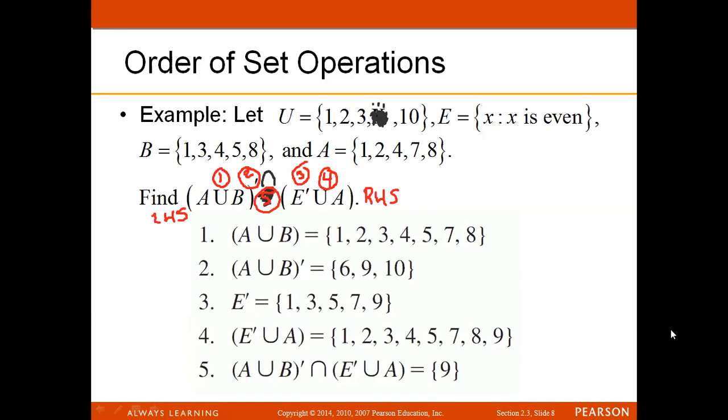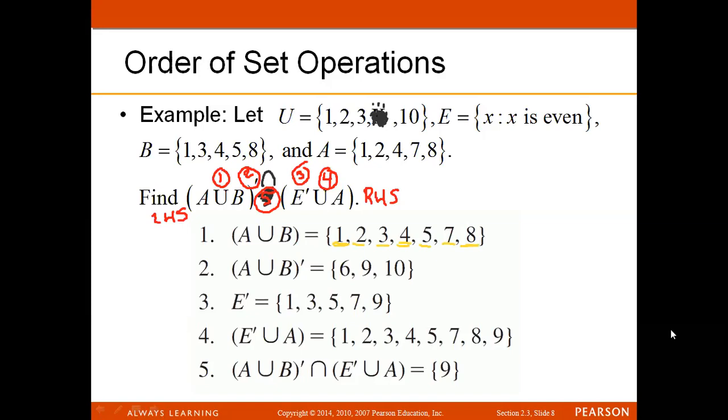So we write 1, 2, 4, 7, 8 from A, and we have the 1, 3, 4, 5, and 8 from B. So every element from A and every element from B.